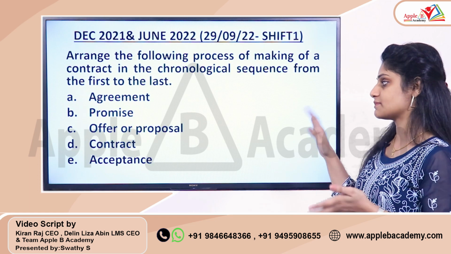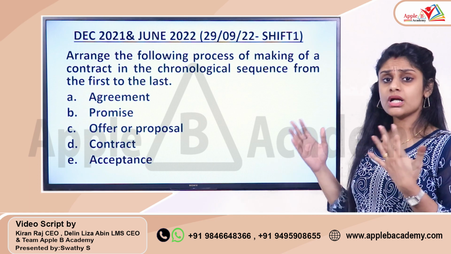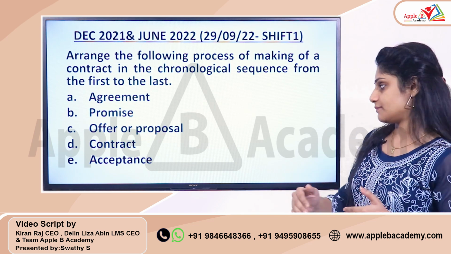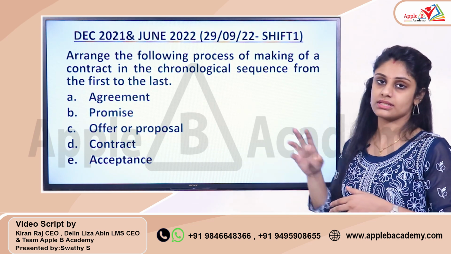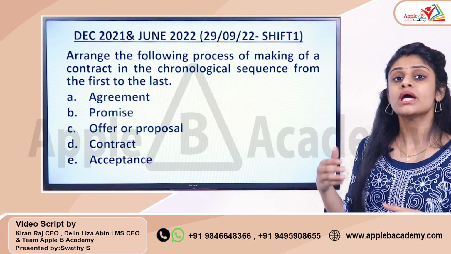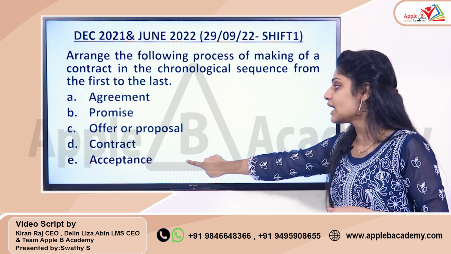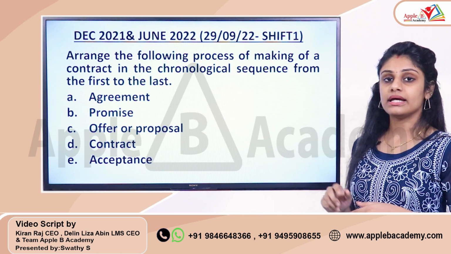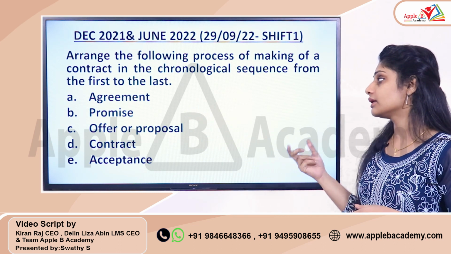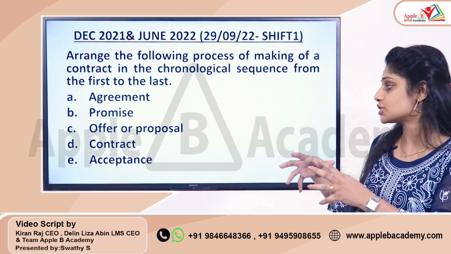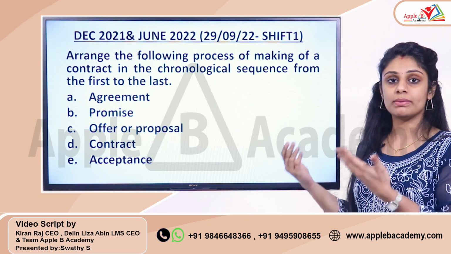Anyway, we'll discuss the other options also. Firstly, there should be an offer or proposal and the other person should accept it. So the next step is acceptance. Then if that particular offer is accepted, it will become a promise. Yes, now it's a promise. So offer, acceptance, promise. Then when a promise is supplemented with consideration, it will become an agreement.